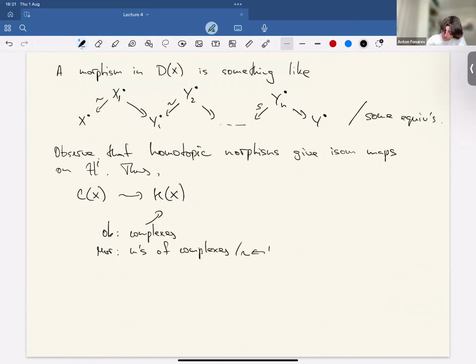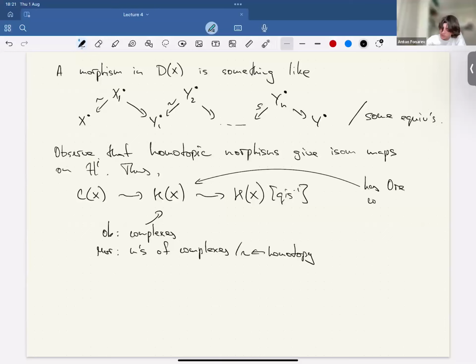And then it's much easier to construct the localization of this up to quasi-isomorphisms. And this is due to something called the Ore conditions.